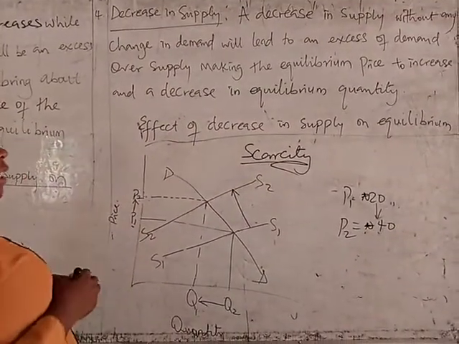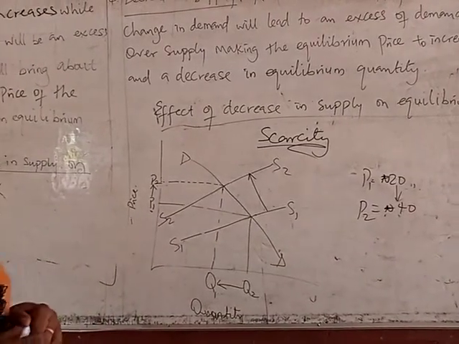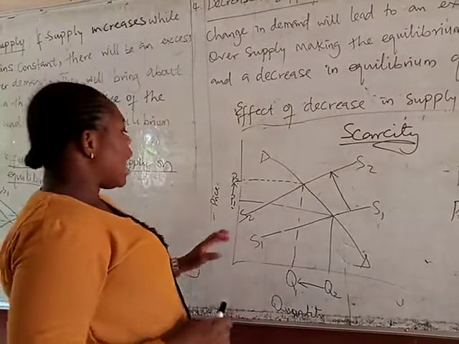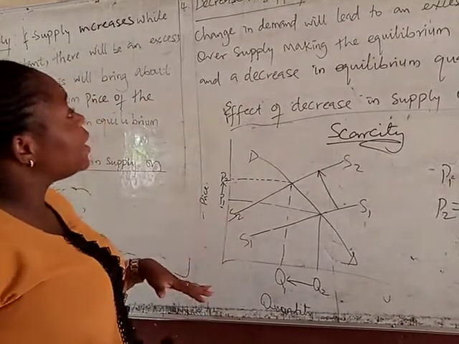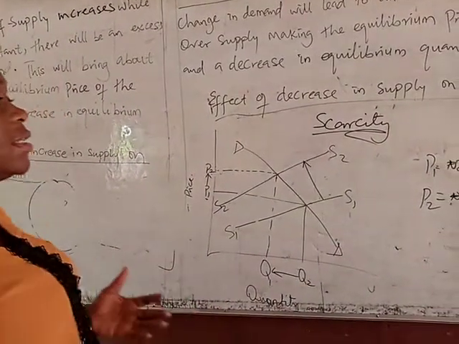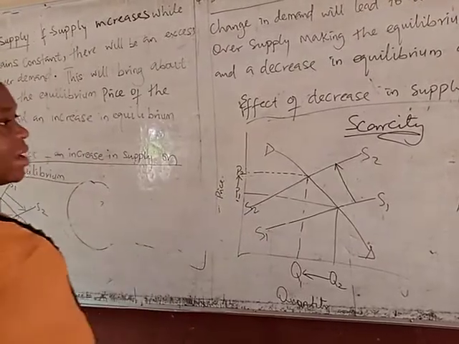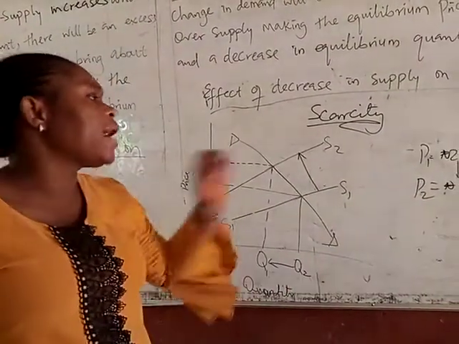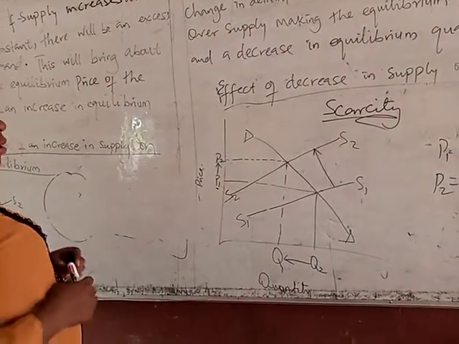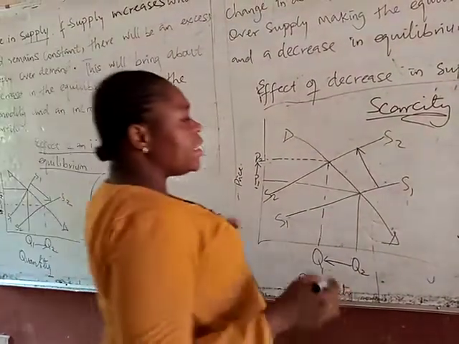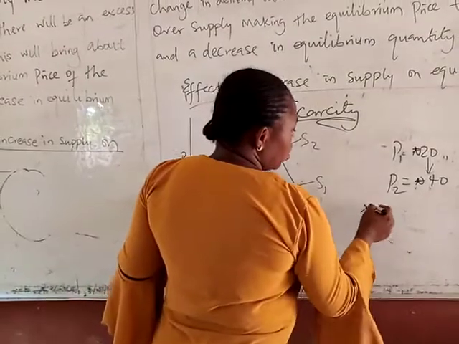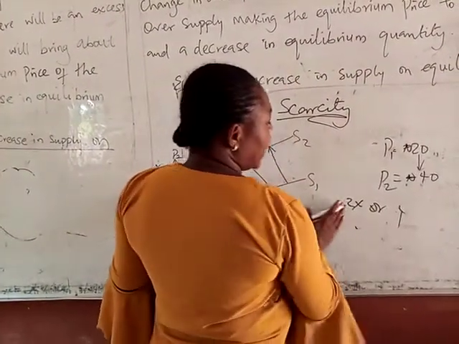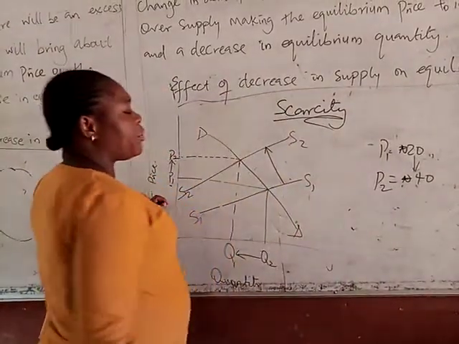If a commodity is being sold at 20 naira and suddenly becomes scarce, the seller will hike the price, increasing it by either 2 or 4 times the initial price.